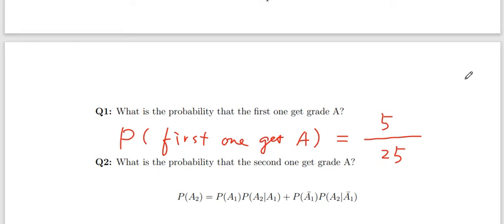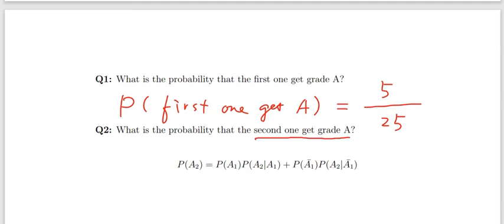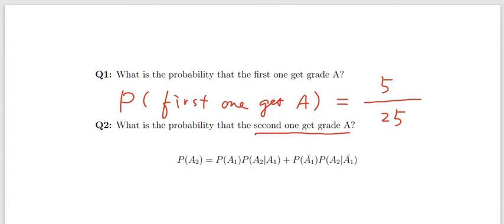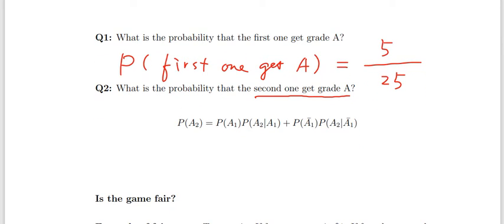For the second one, what is the probability that the second one gets an A? By now we have only 24 grades.